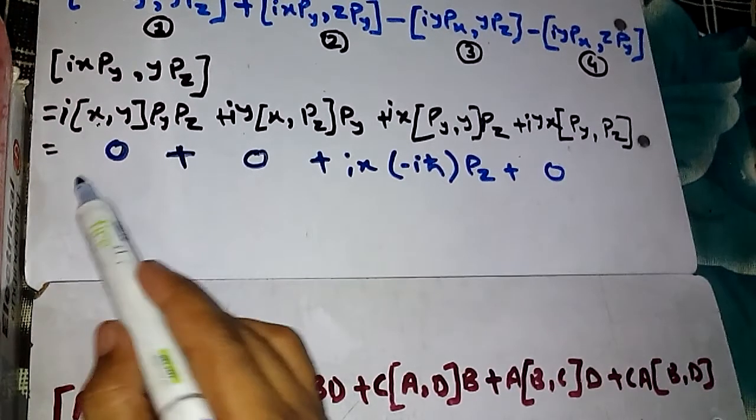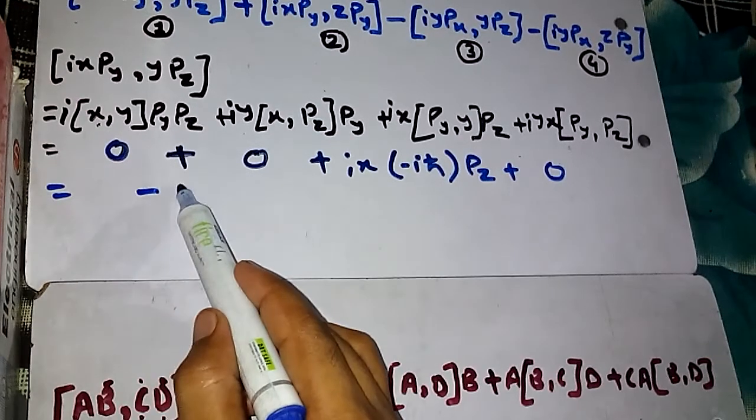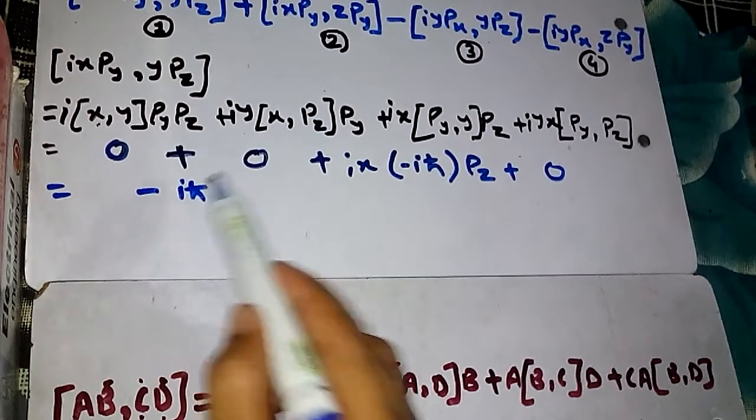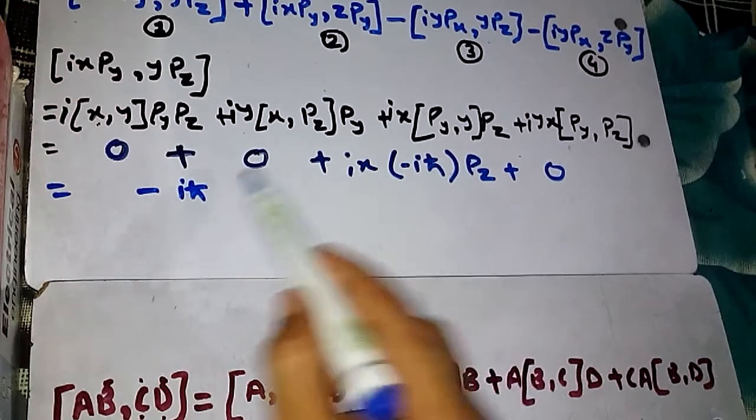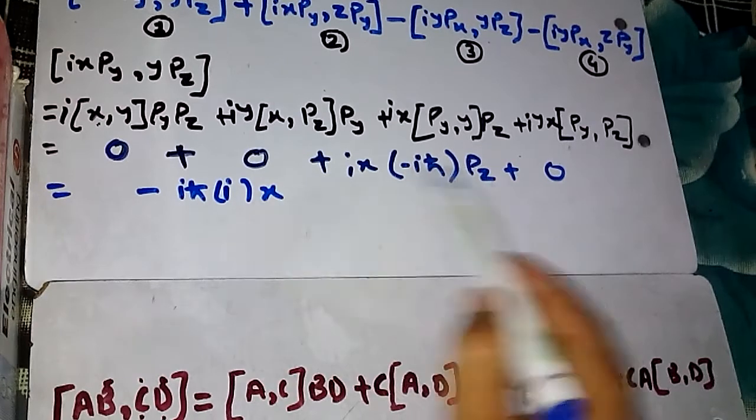So what we have from here, we have this minus i h cut, this i, this x, and this pz.